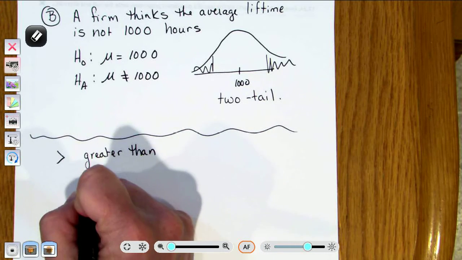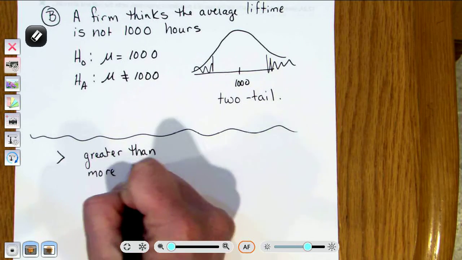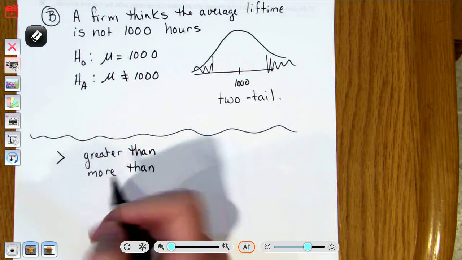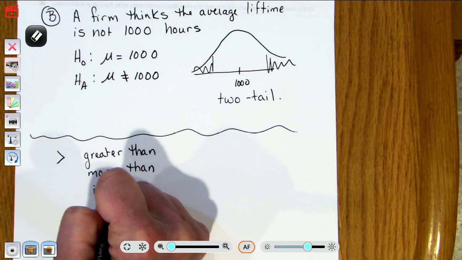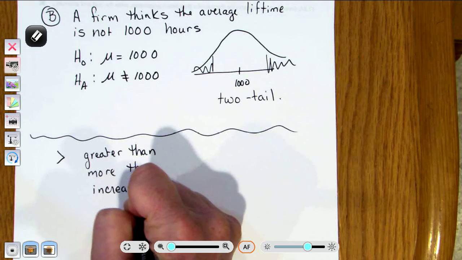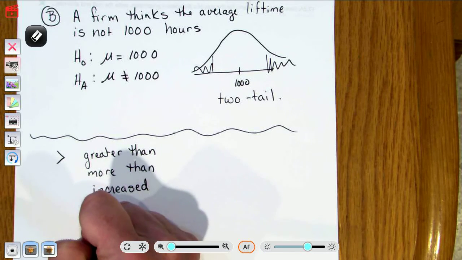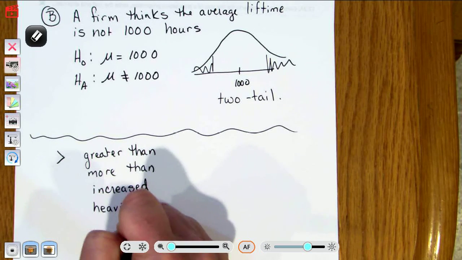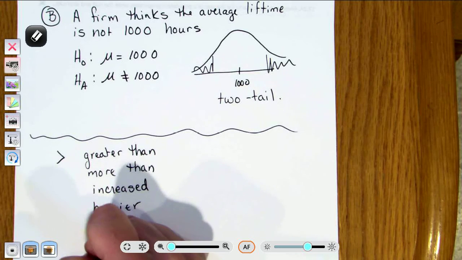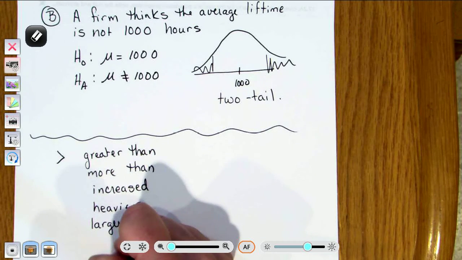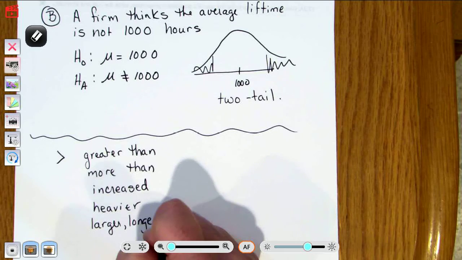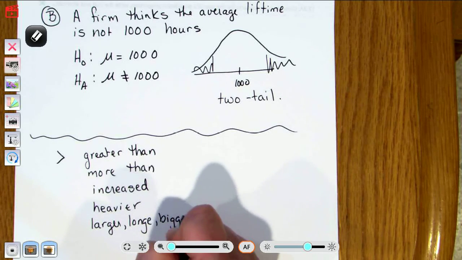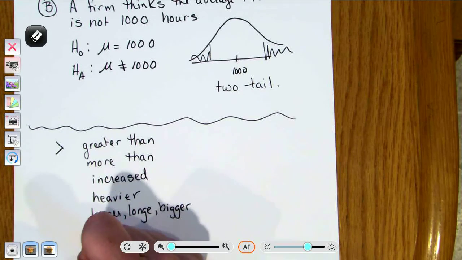We could see the phrase more than, increased or increases, heavier, larger, longer, bigger, higher than.